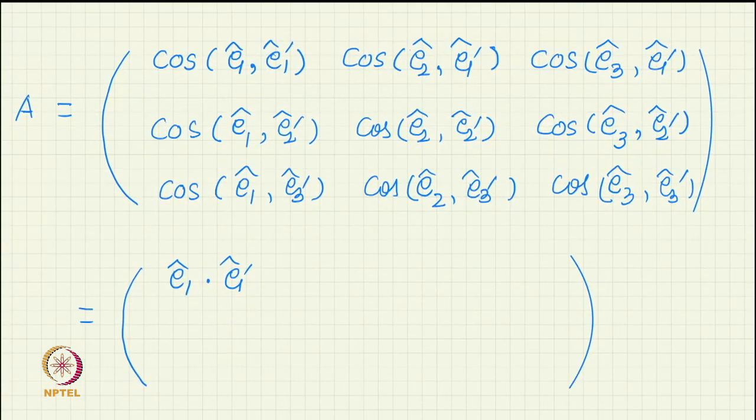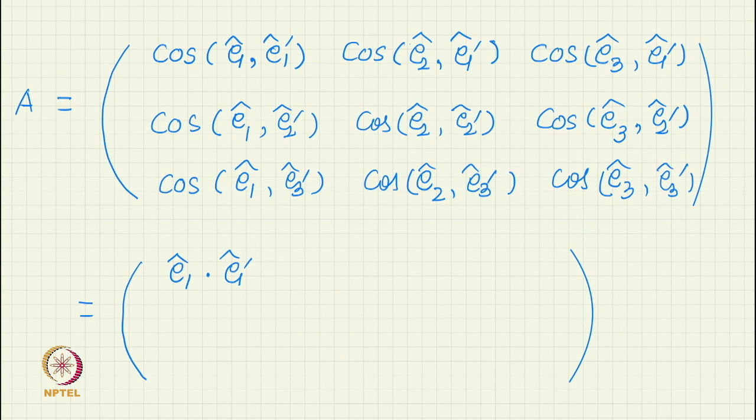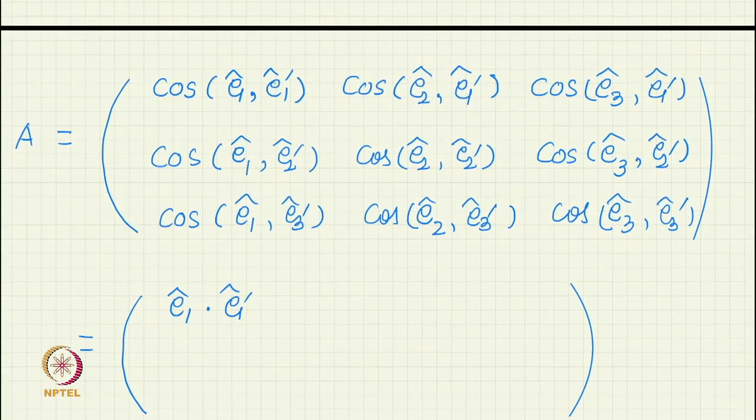Now, you can also see that the cosine of E1 and E1 prime is nothing but the dot product of E1 and E1 prime. This is because of the orthonormal character, because both basis vectors are of length 1.